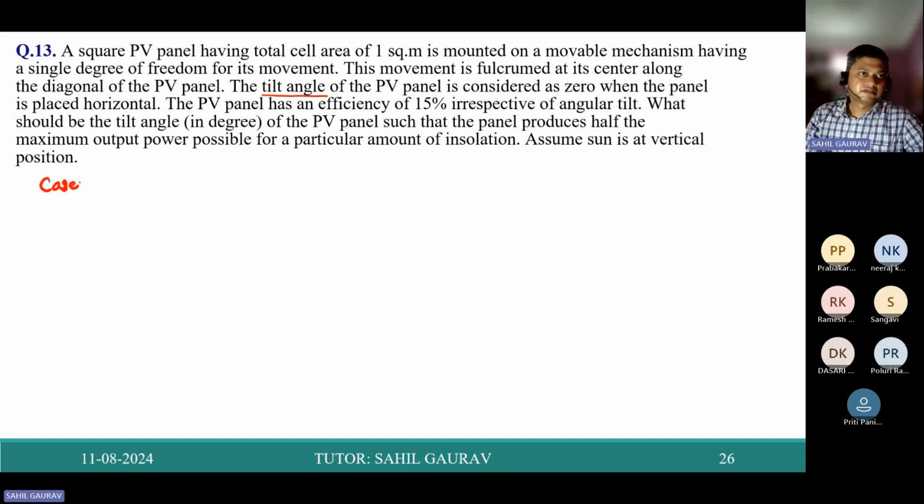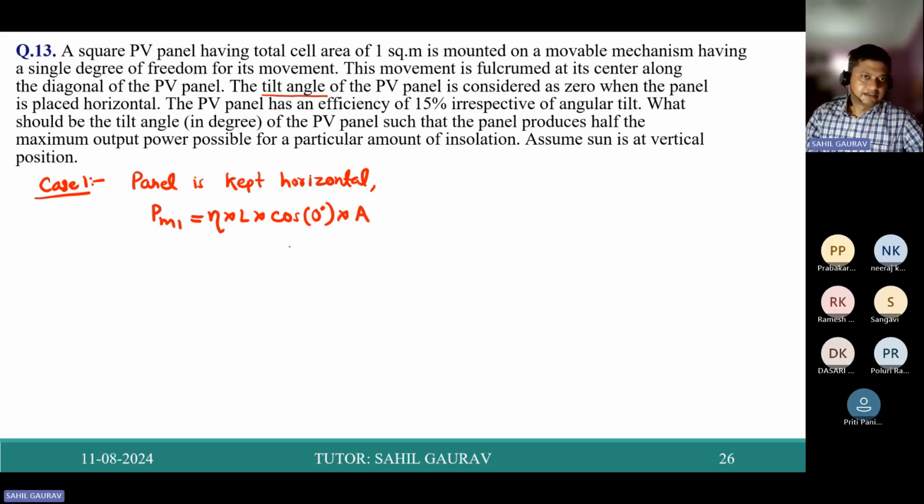When the PV panel is kept horizontal, the peak power output will be, in case 1, the panel is kept horizontal. In that case, maximum power is efficiency into insolation, and the tilt angle is 0, so cos 0 into area.